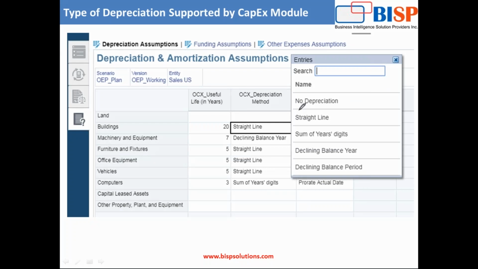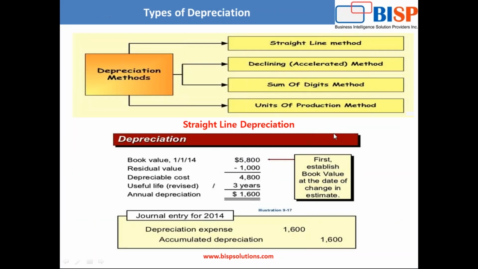So you see in this case we have straight line and sum of year digit depreciation, which I talked about. Straight line depreciation is fairly simple. As I showed in a previous slide, my CapEx module supports straight line and sum of digit depreciation methods.